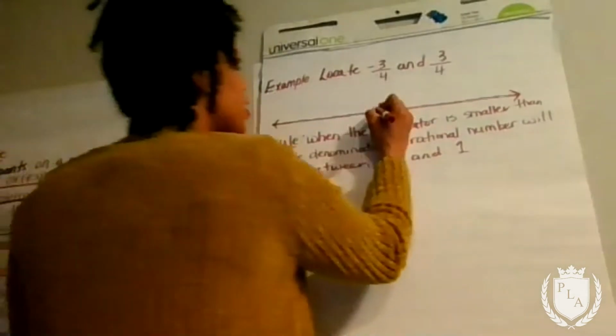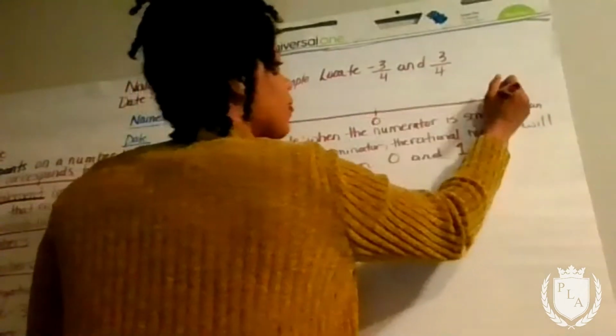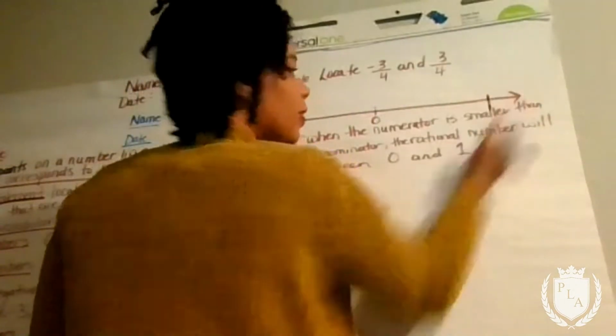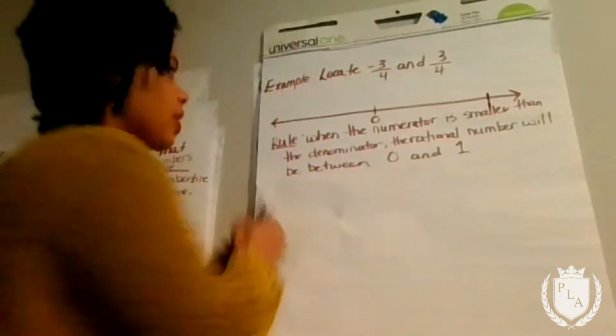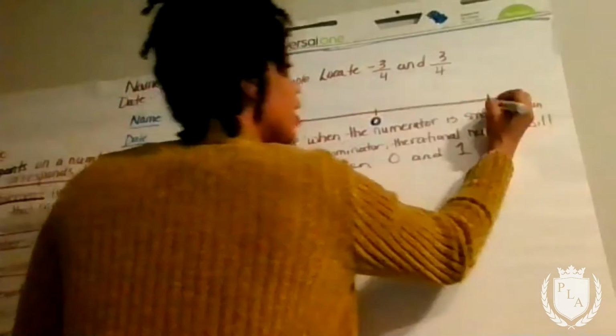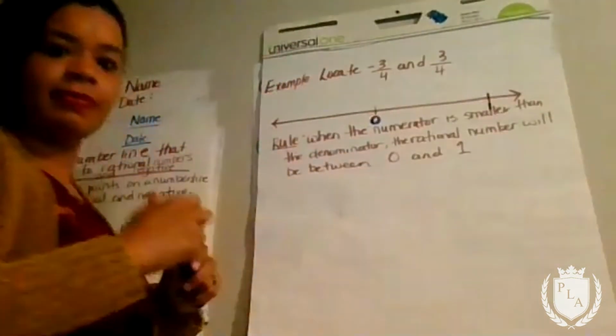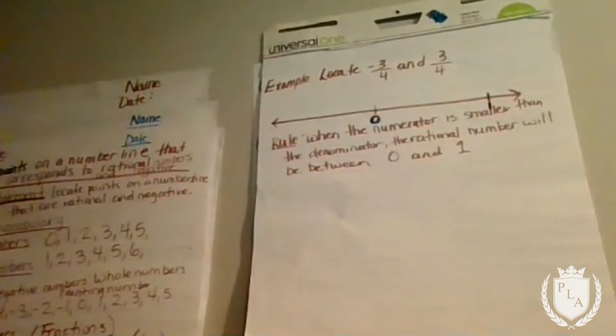So on our number line, we need 0 and we need 1, okay? I put 0 here, and I got 1 right here, okay? 0 and 1.